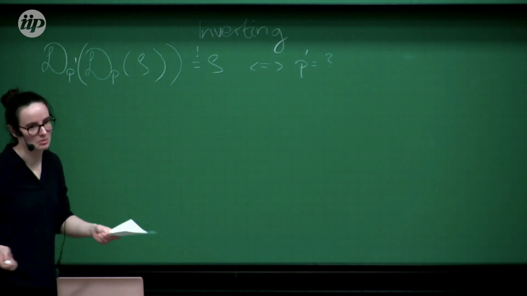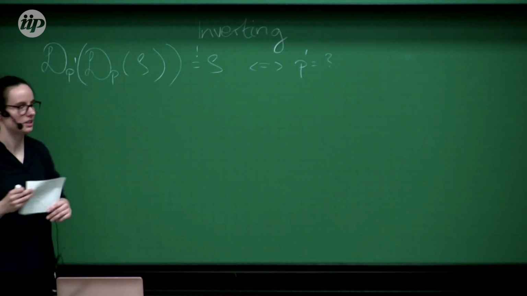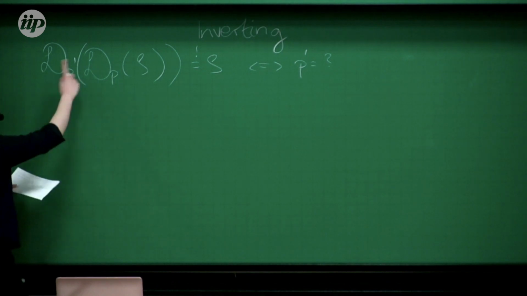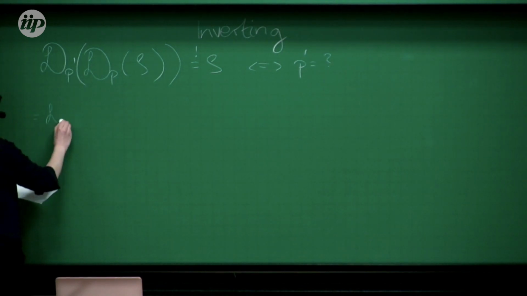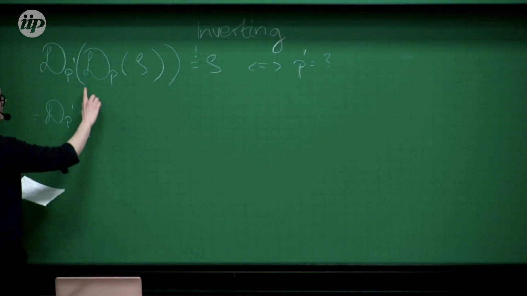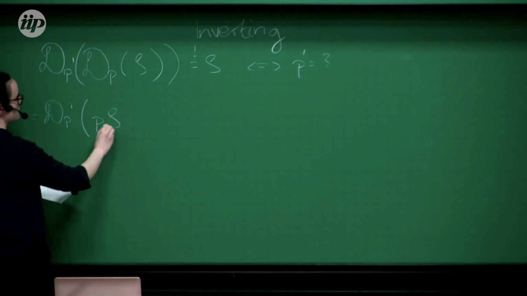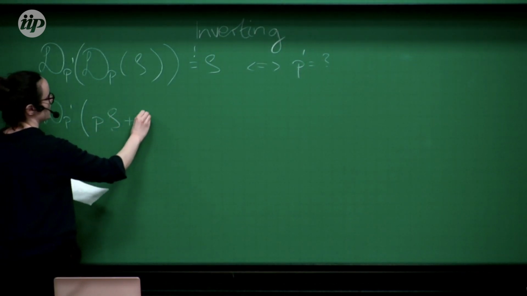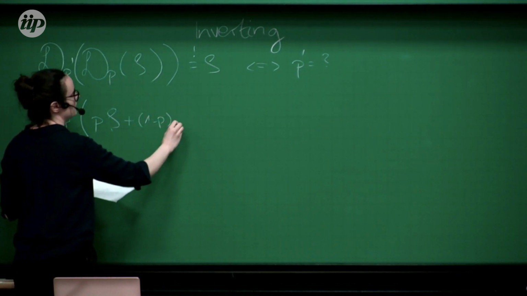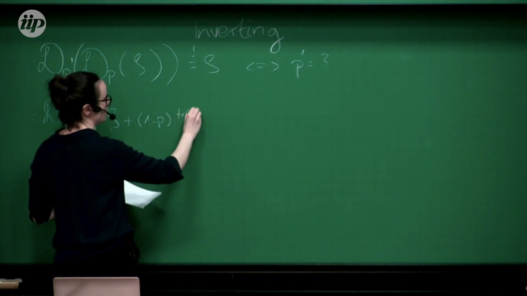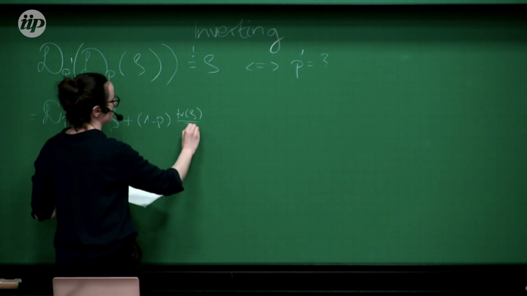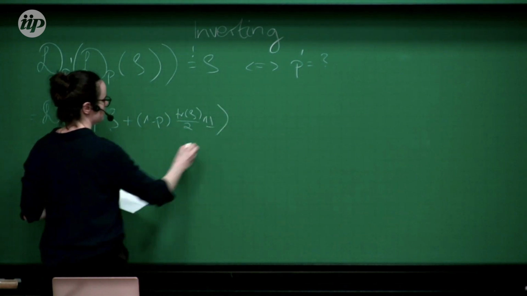It's a bit boring, but I just want to take you on that journey. So we can write this as D_p', and now I will write this also out. So we have p rho plus 1 minus p trace of rho, which is 1, divided by 2, identity.